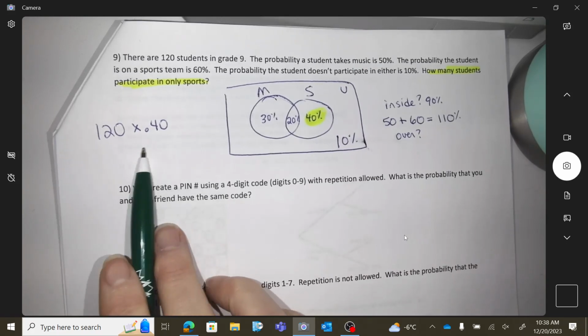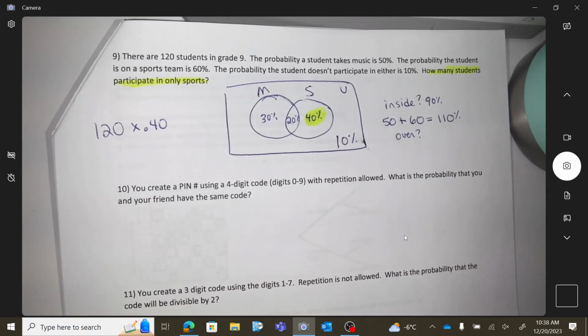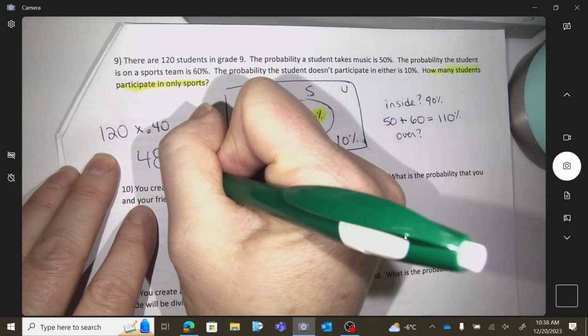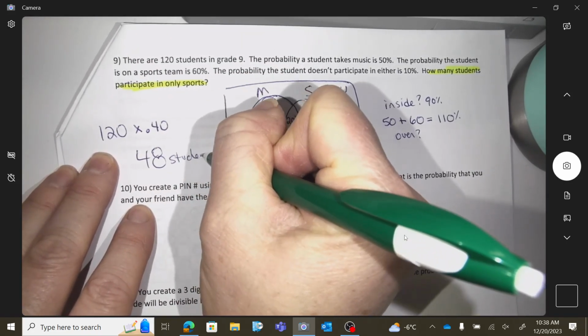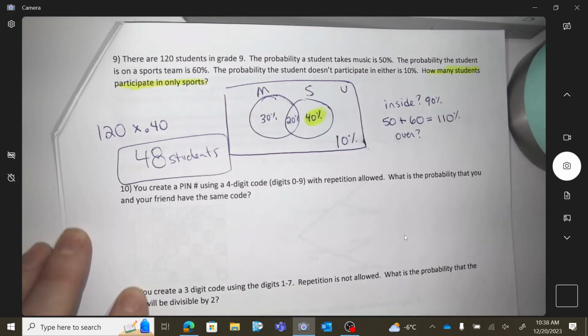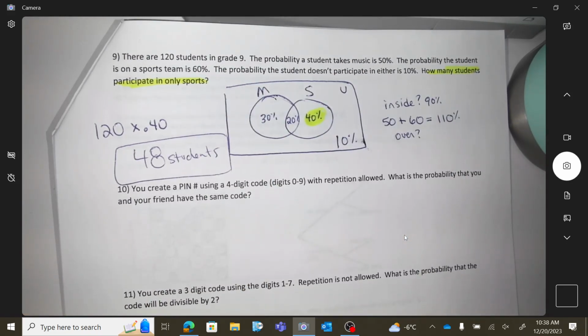So you got to do that, okay? So there's 48 students that do that. Does that make sense though, that little extra step? 40% of the students. So then you have to figure that one out.